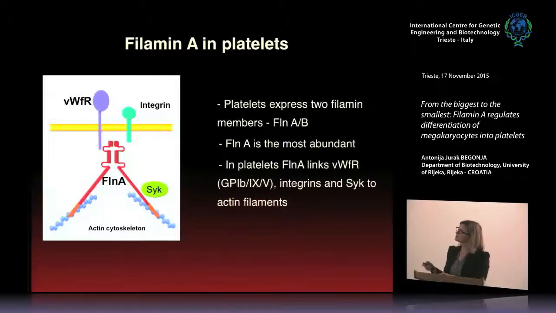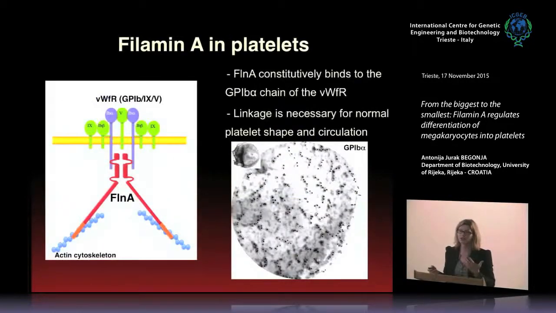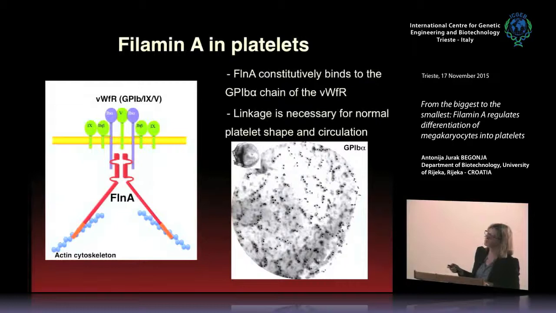So I'm going to concentrate in a bit more detail on this receptor, which is actually a very complex receptor. It is composed of several subunits, GP1B alpha, beta, and IX, but the most important thing is this alpha subunit that is actually linking Filamin A with the cytoskeleton.